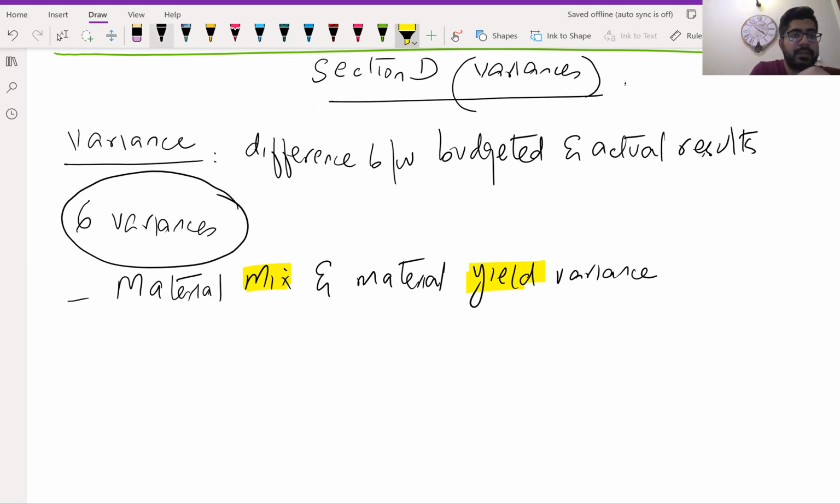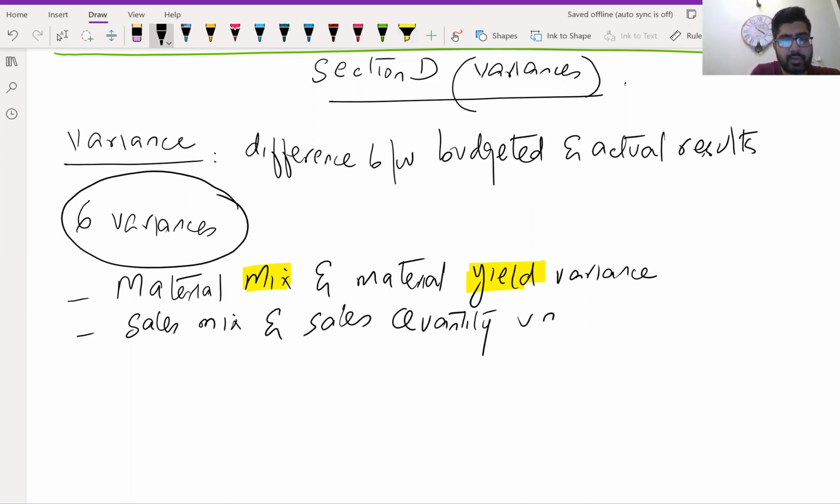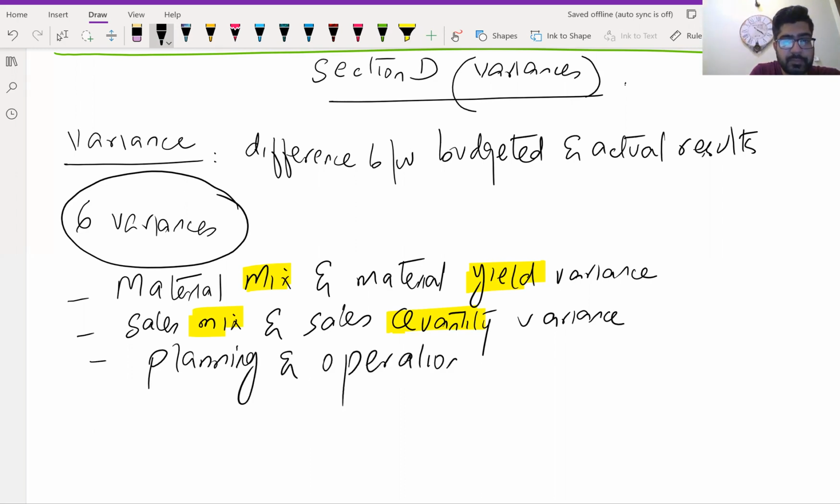The second variance is called sales mix and sales quantity variance. Two more. And finally, the third variance is called planning and operational variance.